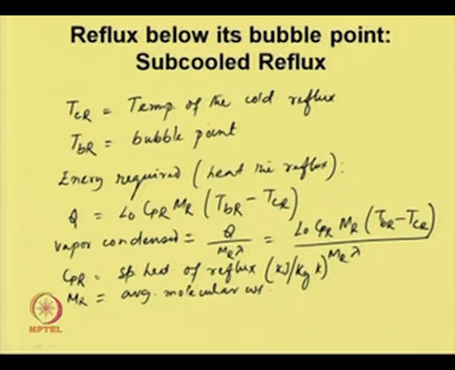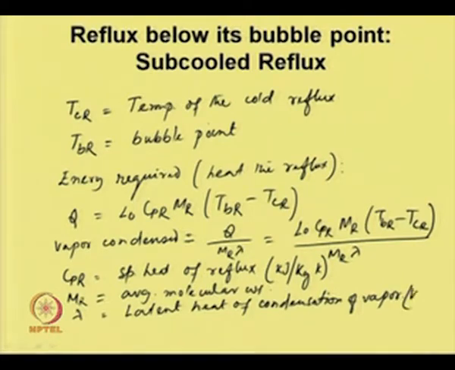Lambda is the latent heat of condensation of vapor, which is in kilojoule per kg.